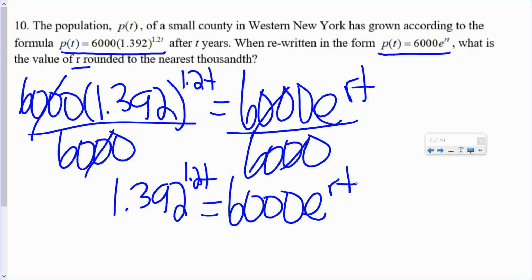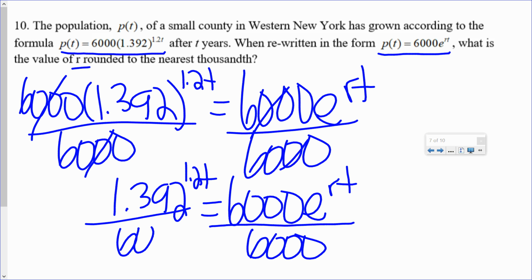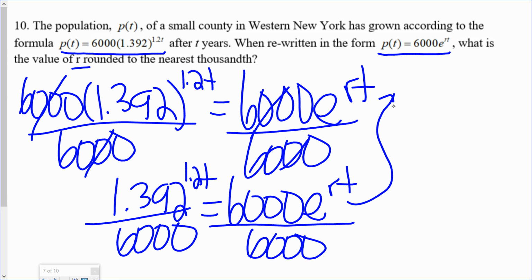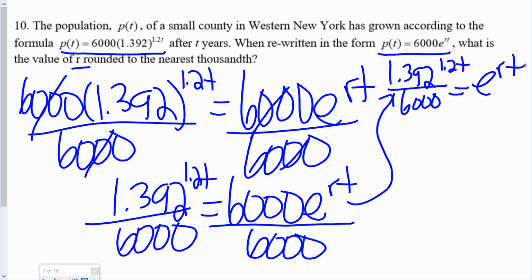Now it wants me to solve for r, so I am going to isolate, divide both sides by 6,000. That's going to give me 1.392 to the 1.2t over 6,000 equals e to the rt.